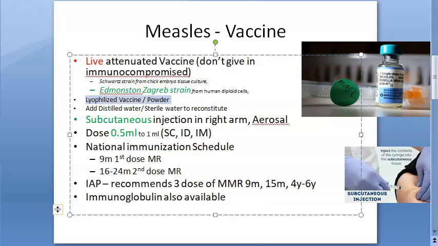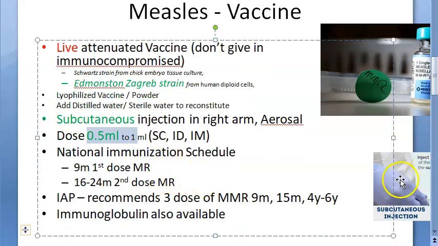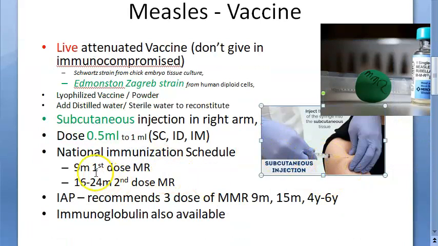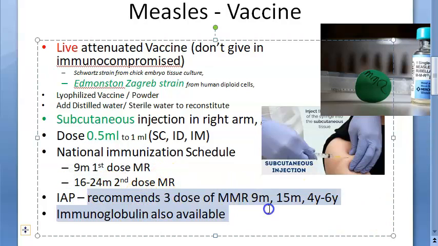It's a lyophilized powder vaccine, to which they add sterile or distilled water to reconstitute, and they give it subcutaneously, 0.5 ml. The national immunization schedule recommends 2 doses of MR, the first at 9 months and the second at 16 to 24 months. The Indian Academy of Pediatrics recommends 3 doses though.